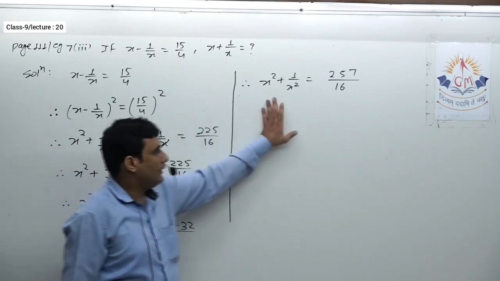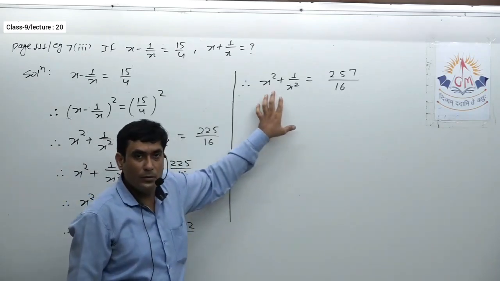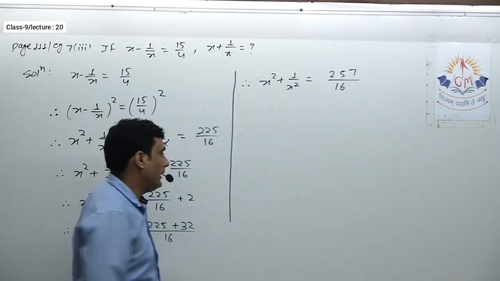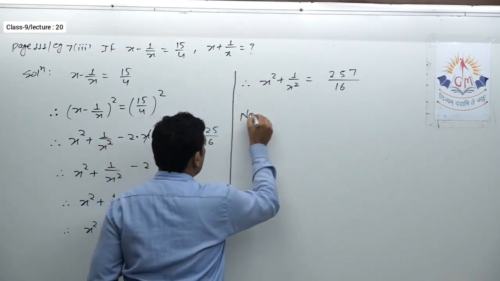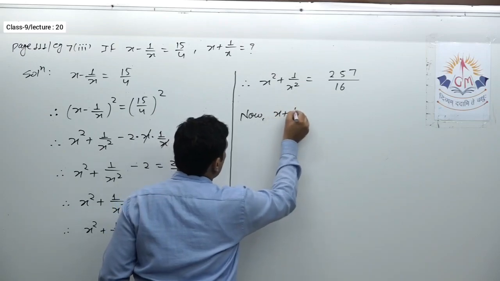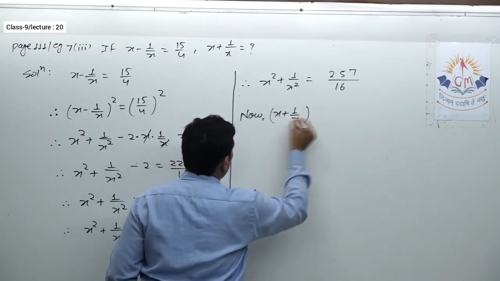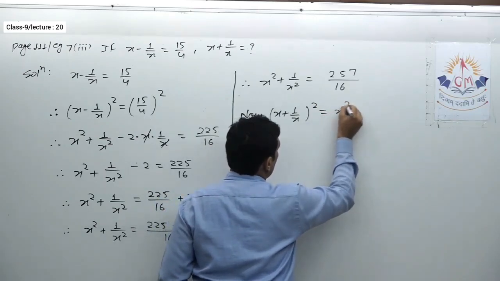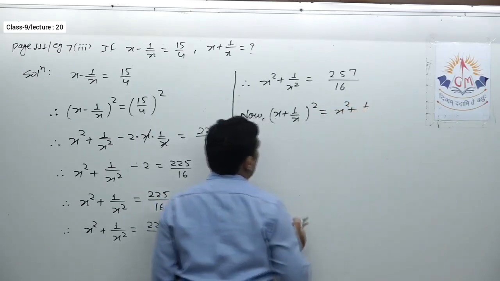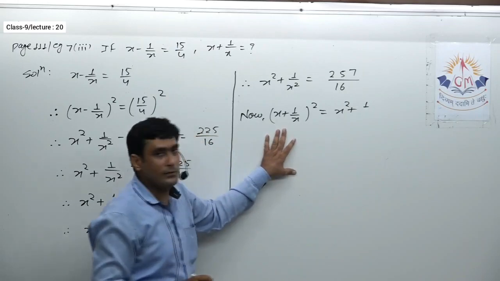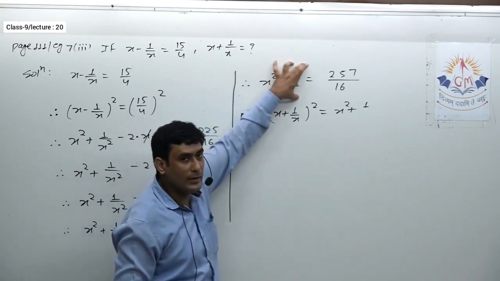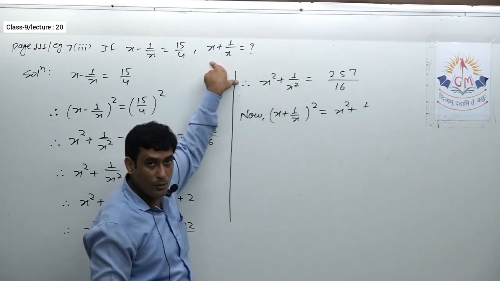Okay, so here I obtain this, but this is not what the question is asking. The question is asking to get the value of x plus 1 upon x. So now we'll start with that. Now x plus 1 upon x whole square is equal to a square plus b square plus 2ab. So here I can say it's a reverse expression. That means now I have the value of the greater one and I need to get the value of the smaller one.